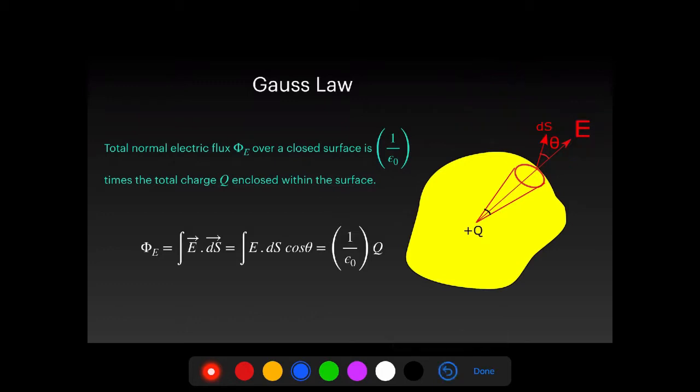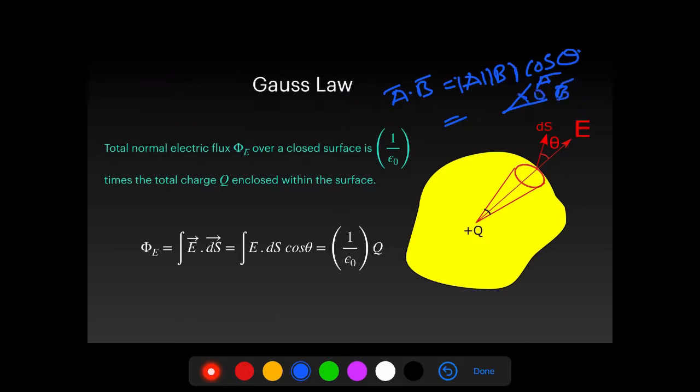The scalar product a bar dot b bar equals magnitude of a into magnitude of b into cos theta, where theta is the angle between the two vectors a bar and b bar.